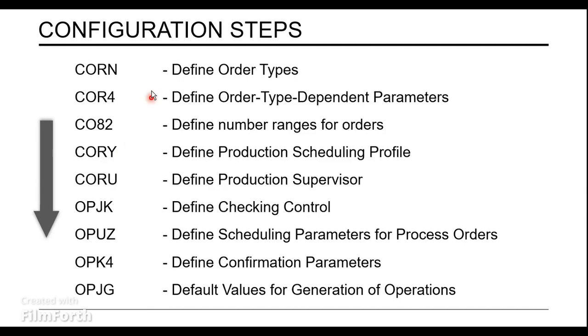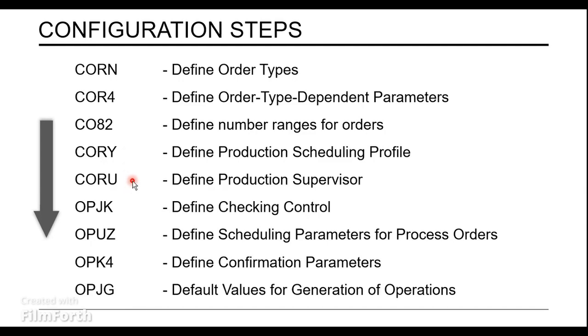In the first step, you have created multiple process order types, and then we are going to assign those process order types in this particular production scheduling profile, and then manage what order type should be picked in a particular scenario. We will get into more details once we go into the SAP screen.